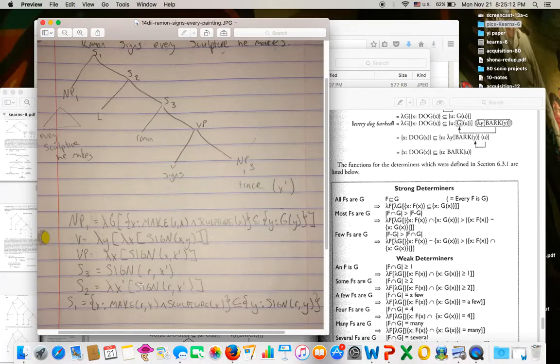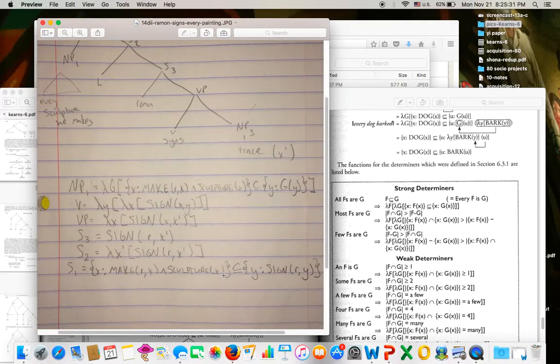And remember, anything that just has a lambda x in front of it, you can just look at it for a split second and know that that's a one-place predicate, right? And this one-place predicate is basically something that Ramon signed, since it's the object position that has the lambda around it.